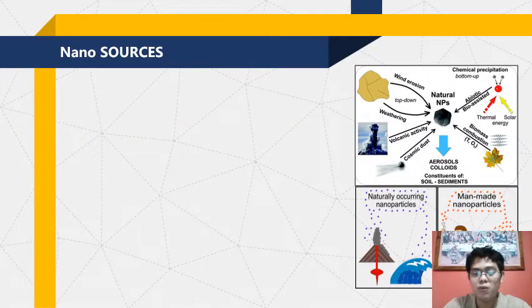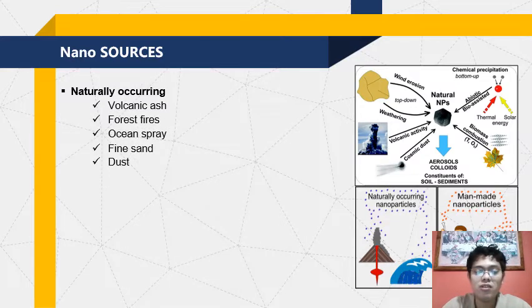Now, if you're wondering where these nanomaterials can be found or originated, the sources for these nanomaterials could be natural or man-made. Naturally occurring nanomaterials can be found in volcanic ash, forest fires, ocean spray, fine sand, and even dust.